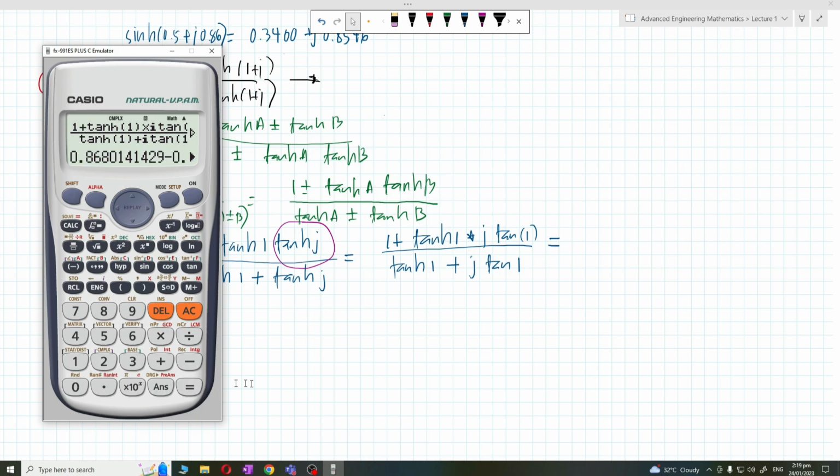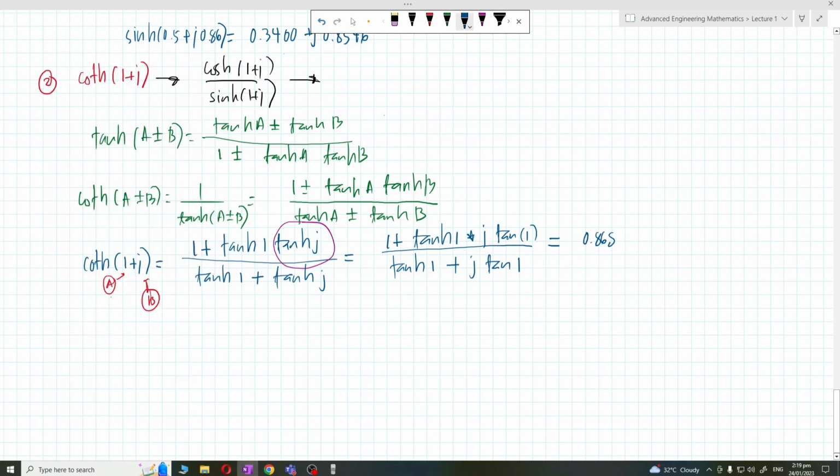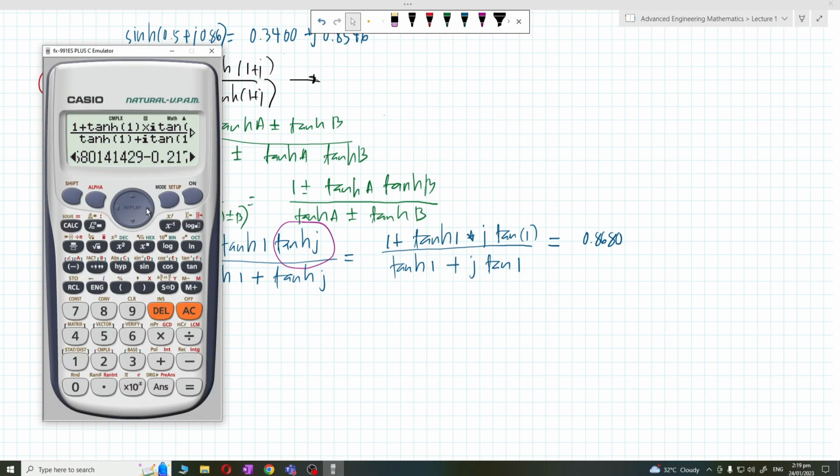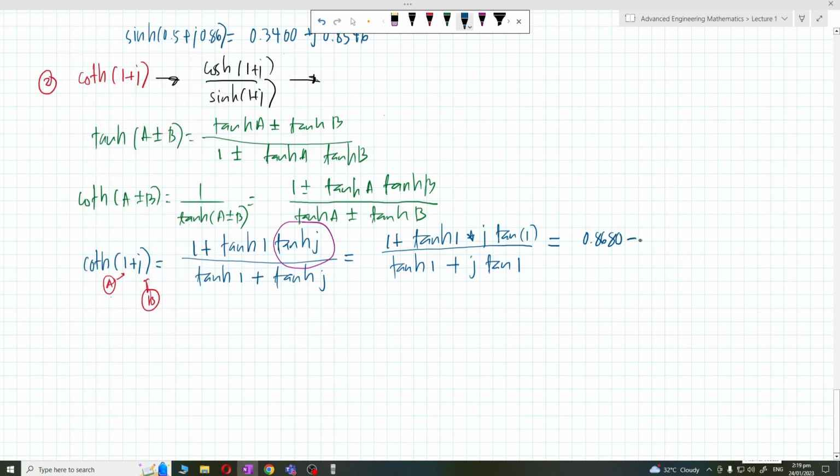Ang lumabas is 0.8680, then minus j0.2176. Ayan, ito guys yung ating equivalent value ng cotangent hyperbolic of 1 plus j.